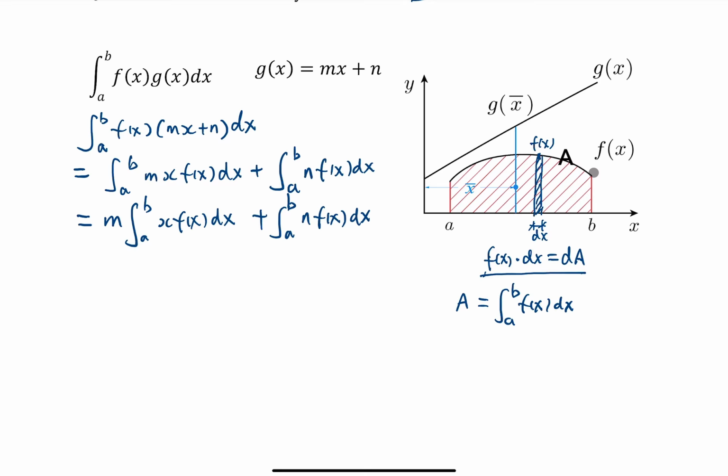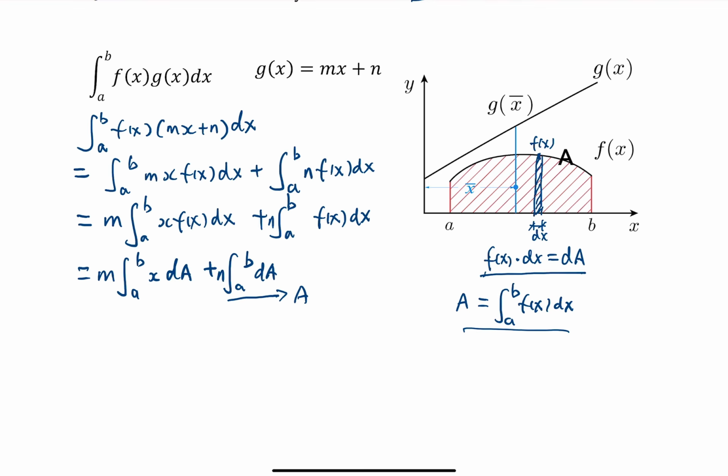So we can see here the two integrations can be expressed with x, and f(x) times dx is shown here as dA. For the second one, we put n outside the integral, so n times f(x) dx, where f(x) dx is dA. Okay, so we say this is the area A. We just express it over here.